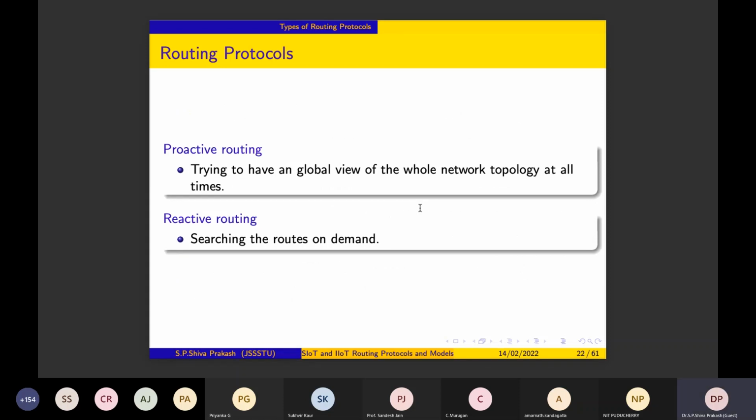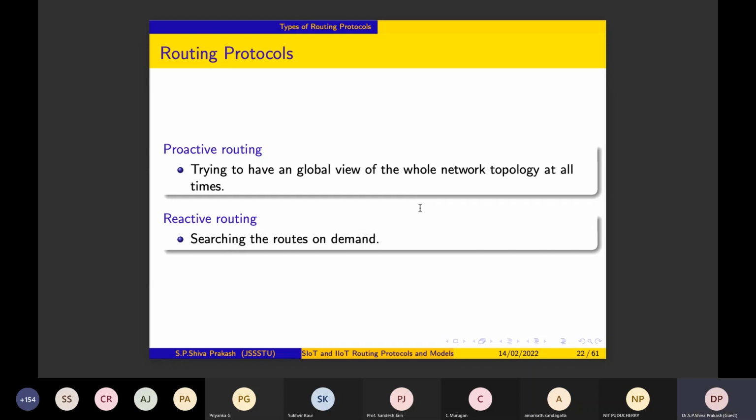When it comes to proactive and reactive protocols, in proactive routing protocols we try to have a global view of the whole network topology every time. It means we try to maintain a table, and the willingness parameter is very, very important in proactive routing protocols. Suppose I take the example of the same application, restaurant finding.